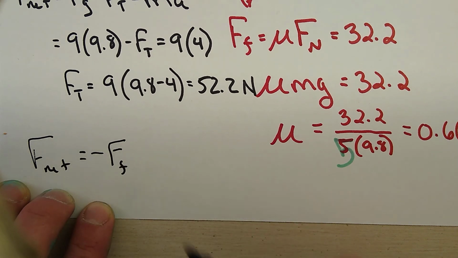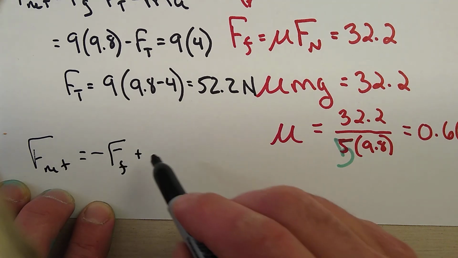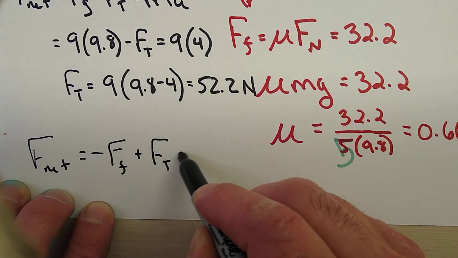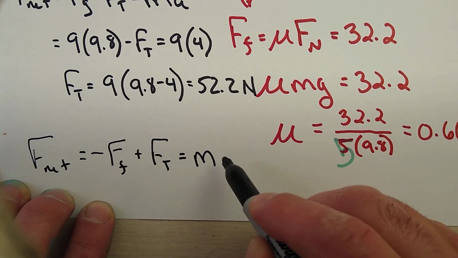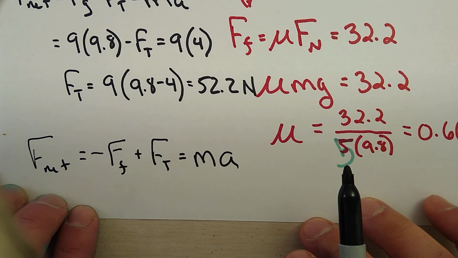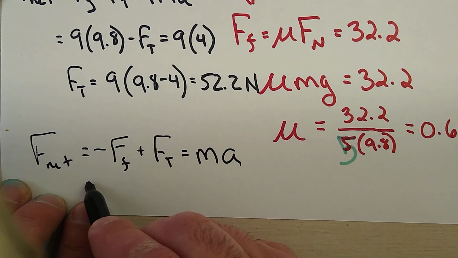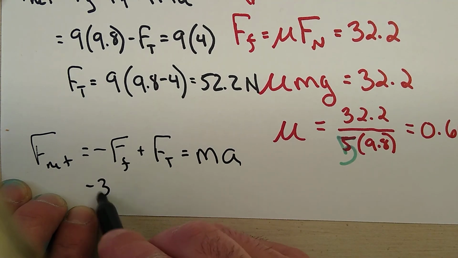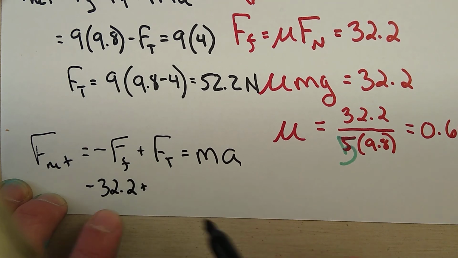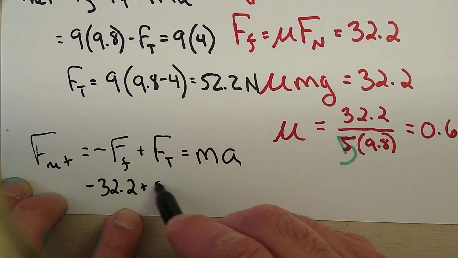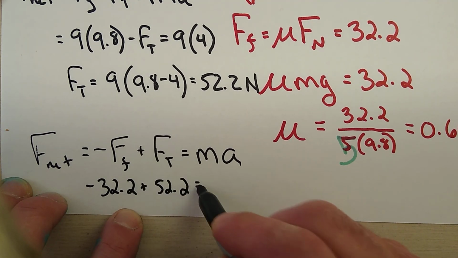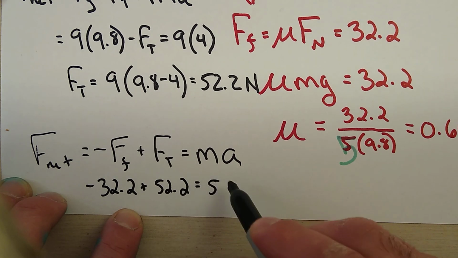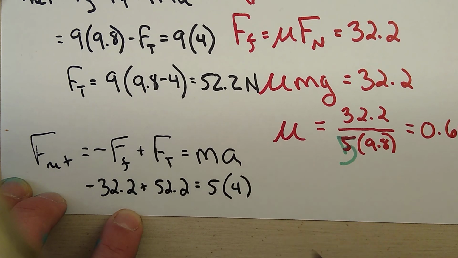And pulling to the right on that mass is going to be the tension force. And they come together to make that mass accelerate. So let's see if it's true when we put in all the numbers. When we put in the frictional force, and we add the tension force, does that equal the mass accelerating at 4 meters a second squared? And sure does. 20 equals 20. Check.